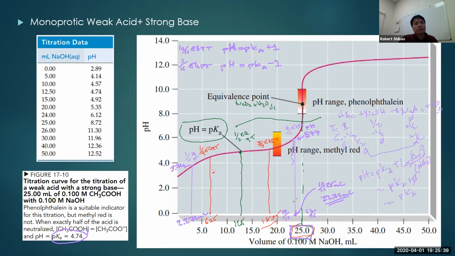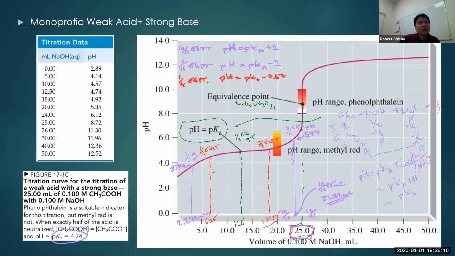And so these 2 points are easy. Now, these points are a little bit more difficult to deal with because they're not right on. And so let's talk about the 1/4. Let me give you the equation for the 1/4 equivalence point. We're going to derive the equation for all of these to make it easier. And so at the 1/4 equivalence point, the pH is equal to the pKa minus 0.67.